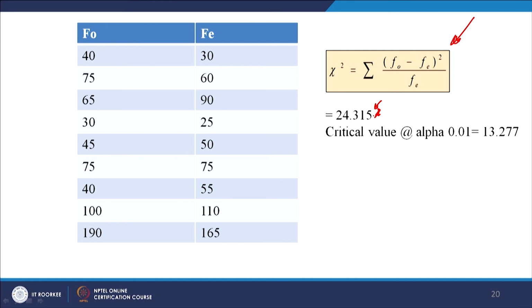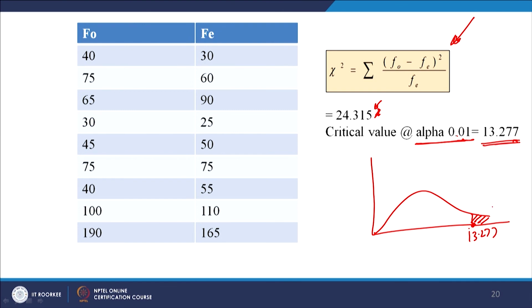So, in this question chi-square statistics is 24.315 and the critical value from table when alpha is equal to 0.01 is 13.277. So, should we reject or should we not reject this hypothesis? Tell me. This is your critical value, right, which is 13.277 and your observed value is this.